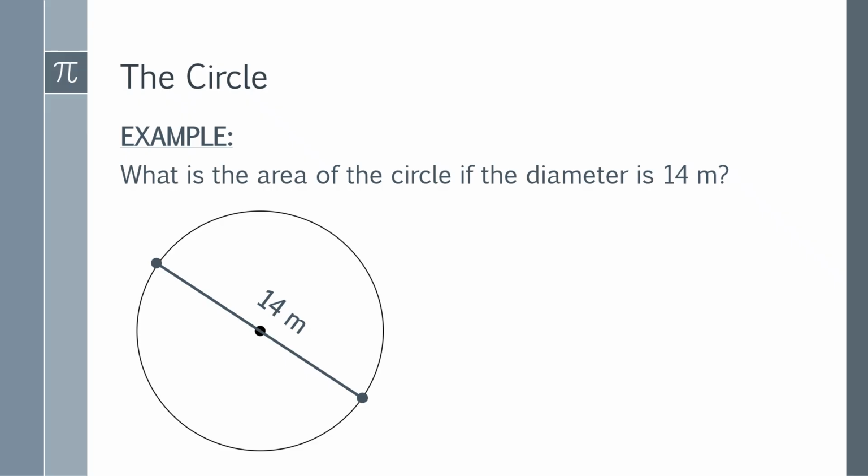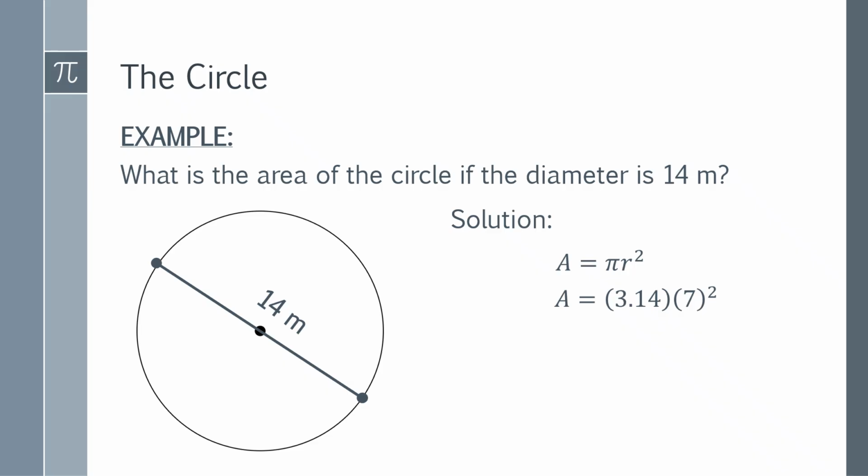Done already? So let's see your answer. So our solution here is A is equal to pi r squared. And remember, A is equal to 3.14 times 7 squared. Why is it 7? Because r there is the radius. So remember that the radius is half of the diameter.